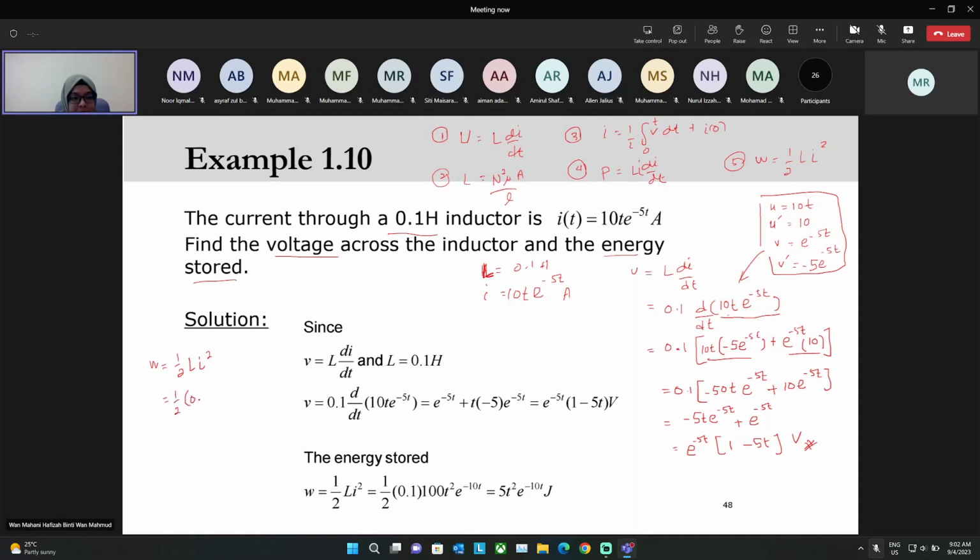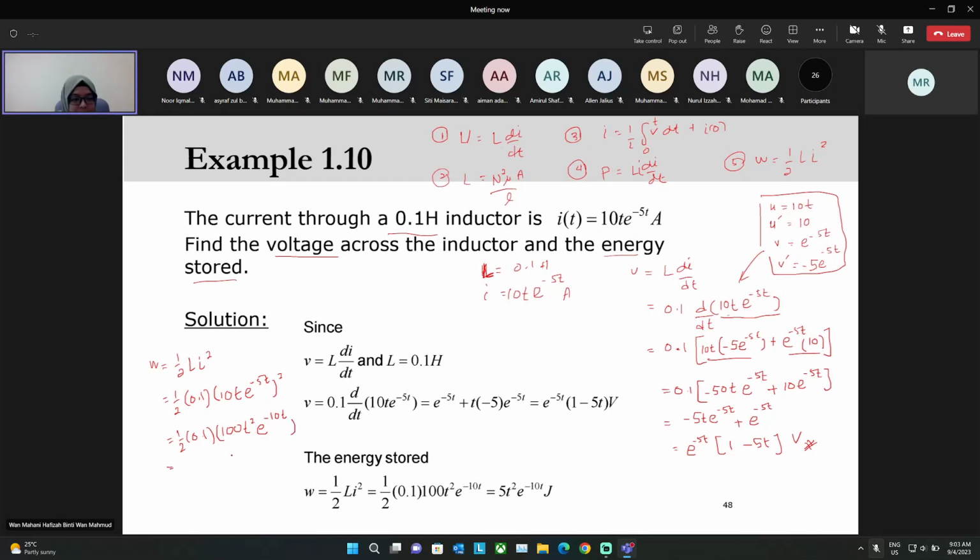1/2 L, L is given as 0.1, and what is I given as? 10t exponential negative 5t. So it is squared. 1/2 times 0.1, 10 squared is 100, t squared, exponential negative 5t squared gives exponential negative 10t.